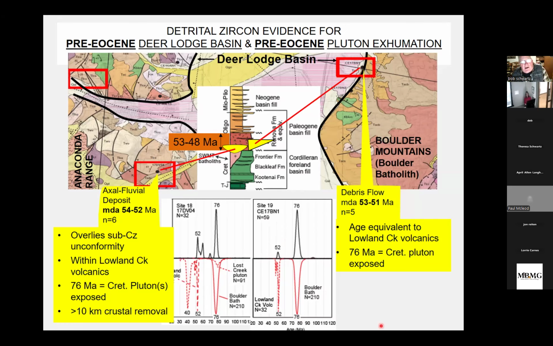As I've entitled at the top, detrital zircon evidence for pre-Eocene Deer Lodge Basin and pre-Eocene pluton exhumation. So what I'm trying to get at with this slide is to think about or make an interpretation that an intermontane basin, an erosional surface, was present in the Deer Lodge Basin and by inference in the other basins prior to deposition, prior to extensional tectonics.